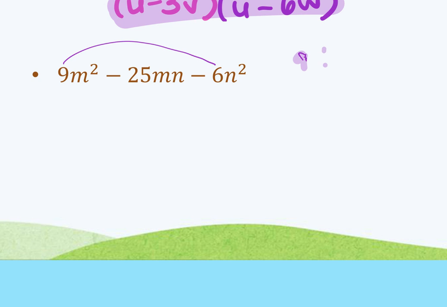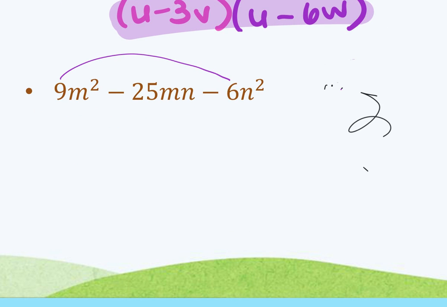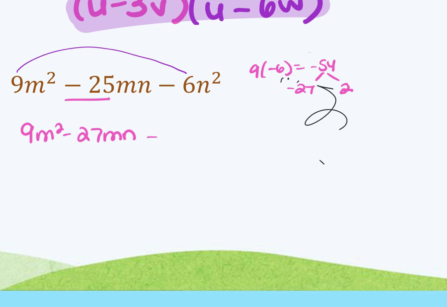On the 9m squared minus 25mn minus 6n squared, we're going to multiply first times last, so I get 9 times negative 6, and I get negative 54. Factors of negative 54 that sum to negative 25 are negative 27 and positive 2. I replace the middle term with those, making sure that the m and the n are included.